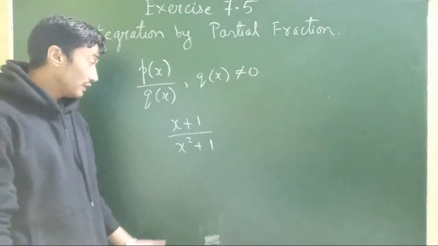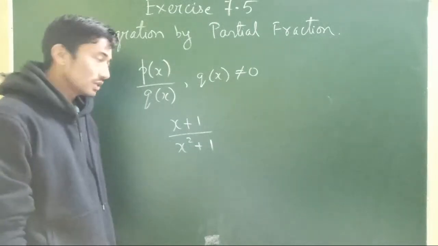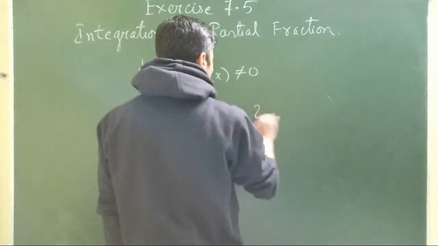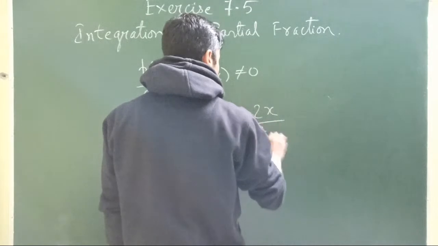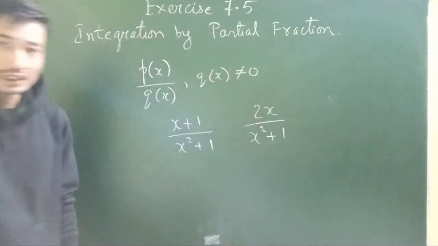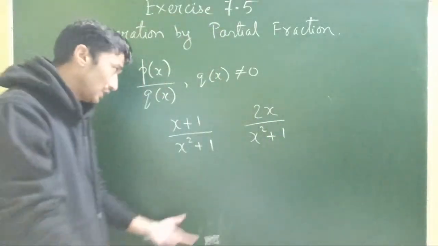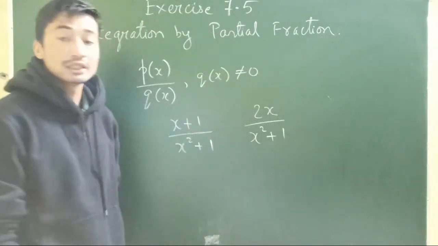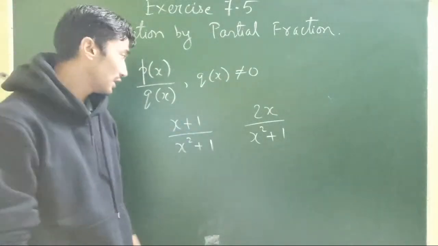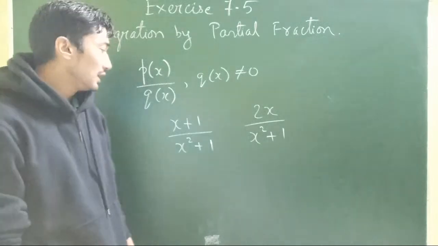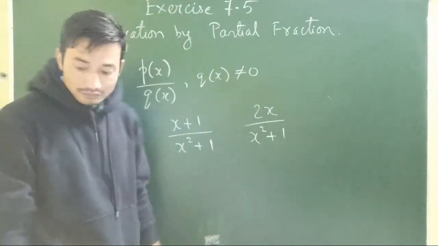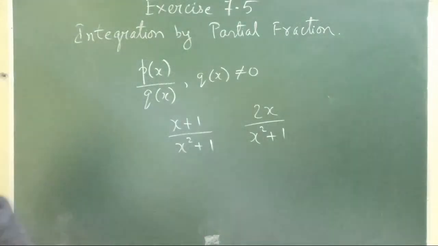We have other methods also for certain questions like 2x by x squared plus 1. For integrating this kind of function, we do not need this method, because this can be easily done by the substitution method.